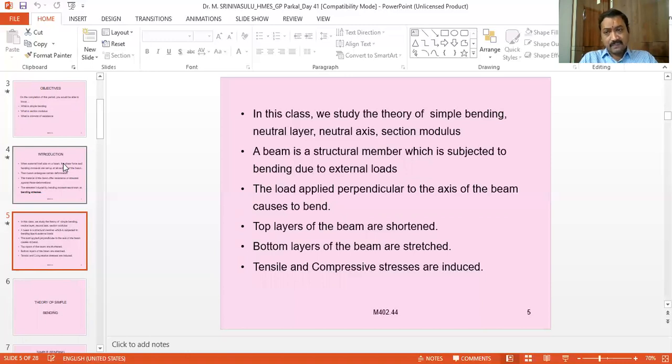So in this way, the tensile stresses and the compressive stresses are developed in the beam. These are called the bending stresses.